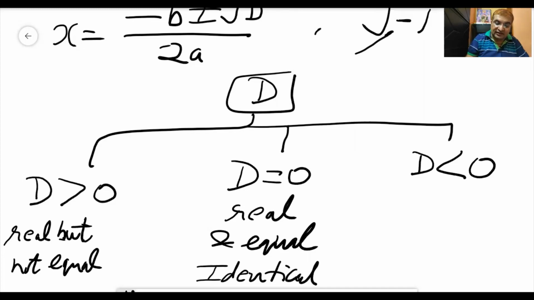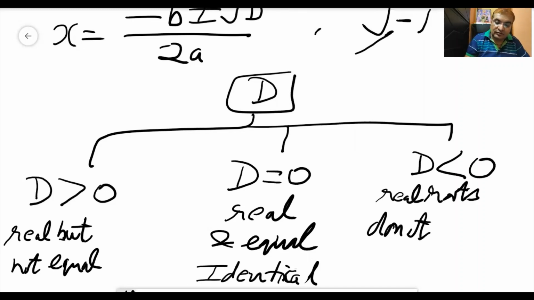And the third and the last case will be when d is negative, we'll write that real roots do not exist.